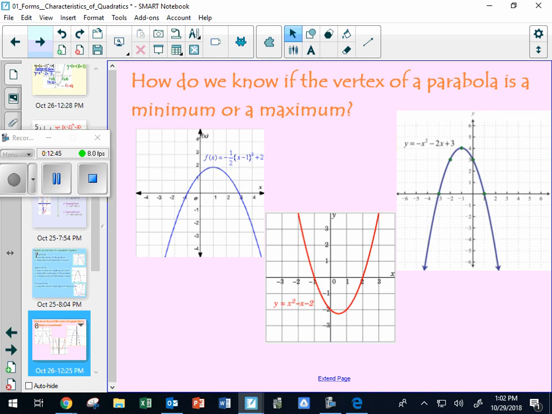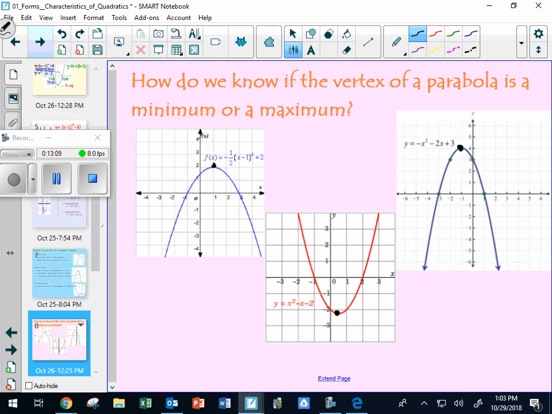If it's a maximum or a minimum depends on the direction that the parabola is facing. So just looking at this first one here, what do you think? Is the vertex going to be at the maximum or the minimum? The maximum. What about the second one down here? Minimum. What about the third one?